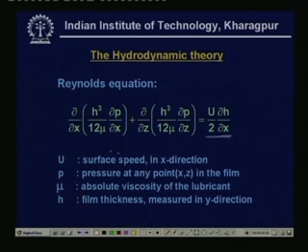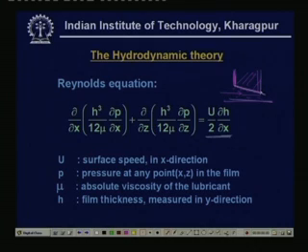In this particular equation, what has been assumed is that the lubricant is incompressible, and the wedge shape we have been talking about earlier has been assumed to be a somewhat straight profile. This is the wedge, and this is the converging passage through which the lubricant is flowing.